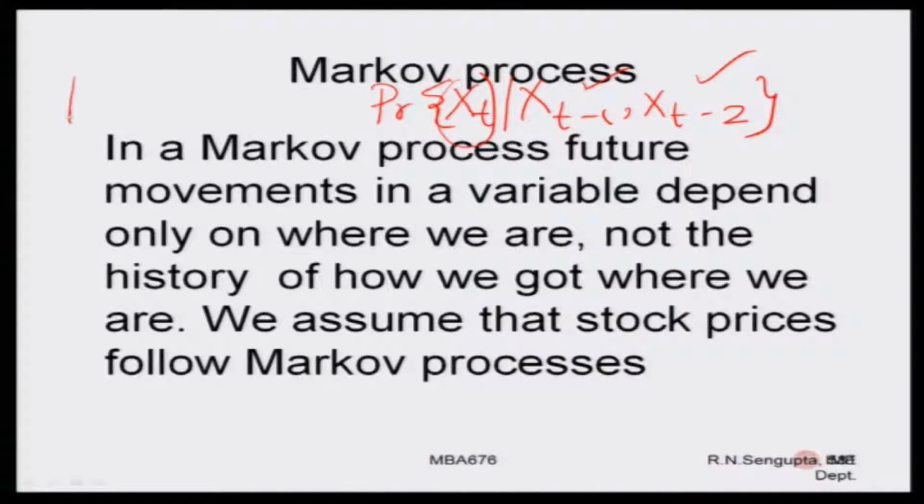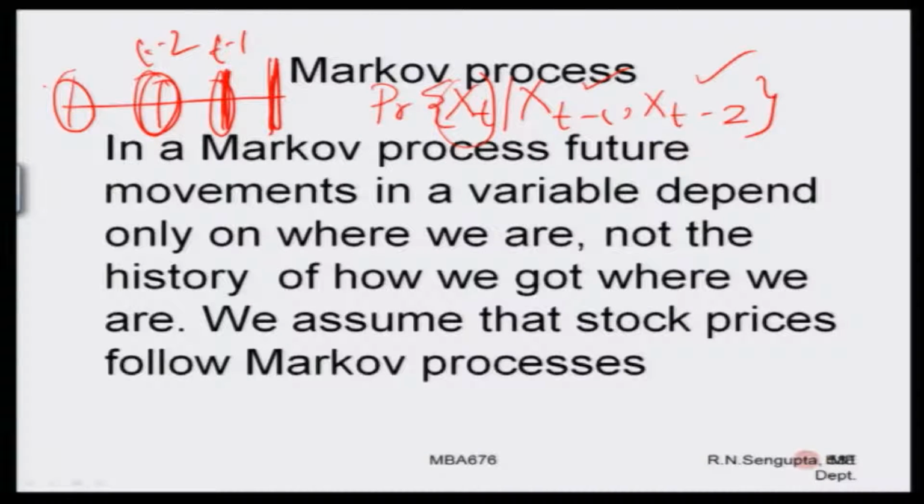If I draw a time scale, this is t minus 2, t minus 1, t, then t would depend on the first and the second. Then t minus 1 would depend on t minus 2 and t minus 3. So, you go one step at a time backwards.